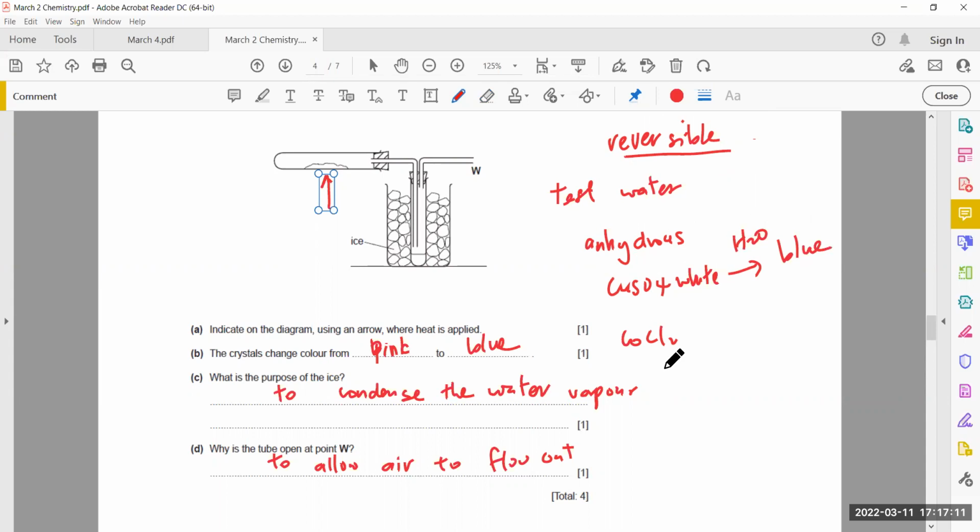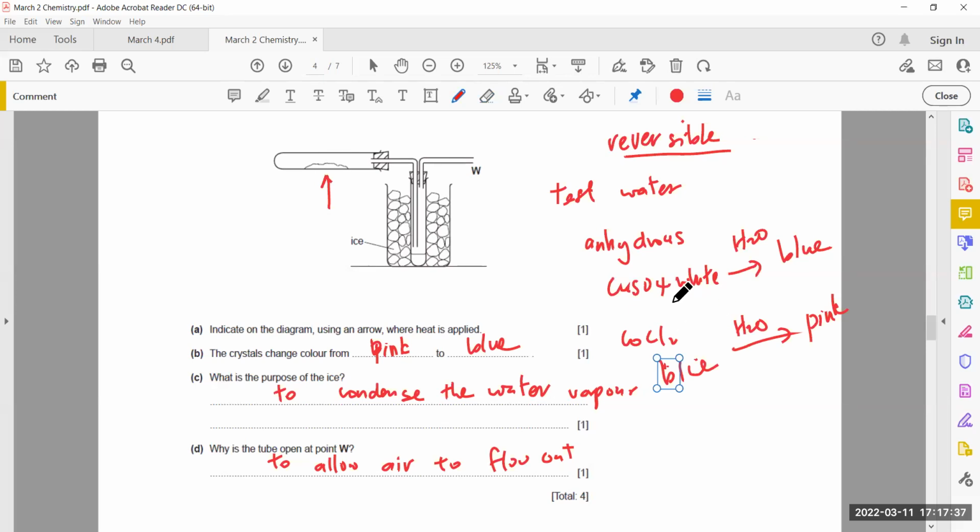Cobalt chloride paper is blue. Sorry, it is blue. You add water, it becomes pink. So pink is hydrated.